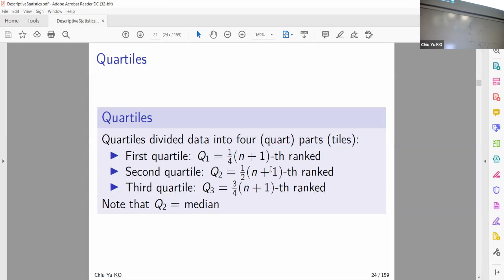Is that okay? This is something you learn from elementary school. So how do you calculate the data at 3.25, 3.5, 3.75? 3.5 you know, it's halfway.